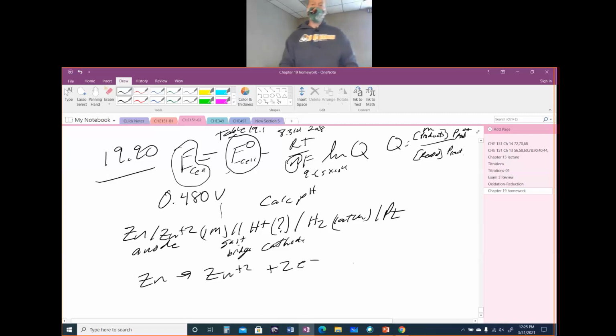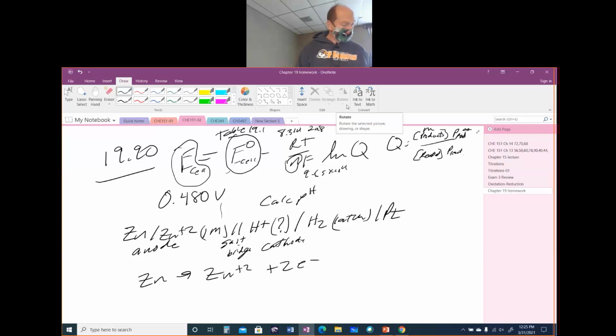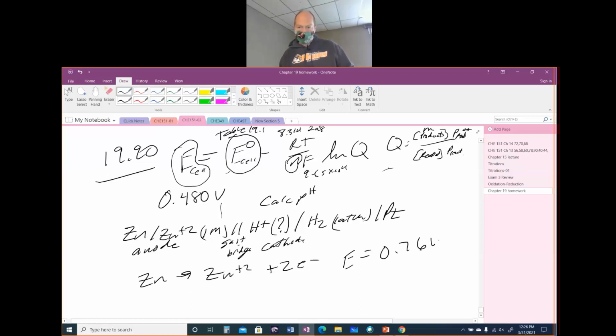If you look at table 19.1, it gives you the reverse reaction because that's all reduction potentials, not oxidation potentials. And so you take the opposite sign of that number. And so when you look that up, it is 0.76 volts. So your E value here is 0.76 volts.